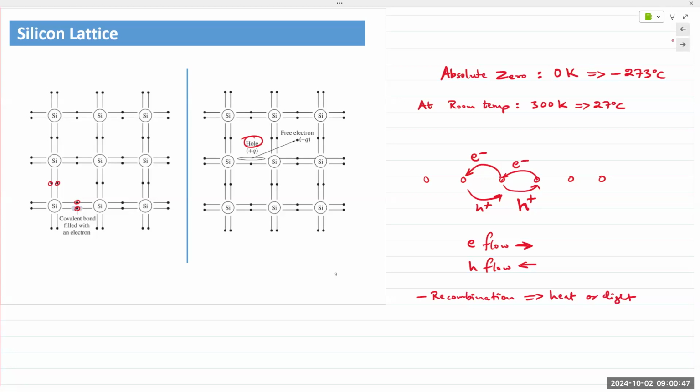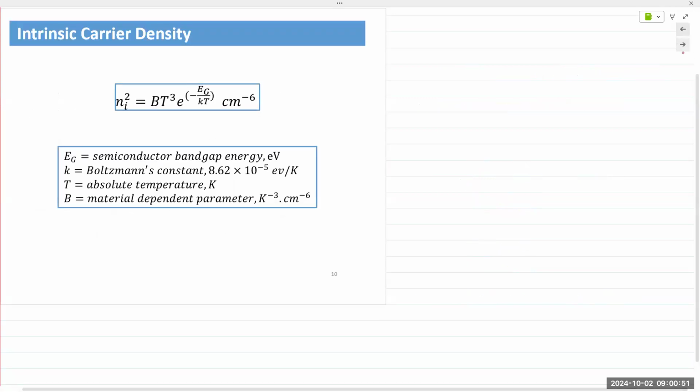These electrons that are free to move about at room temperature are what creates an intrinsic semiconductor. A semiconductor has free electrons to move around, not enough to reach the level of a conductor, but much higher than an insulator.